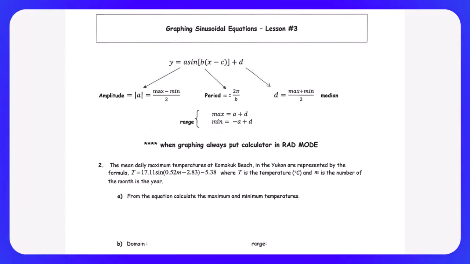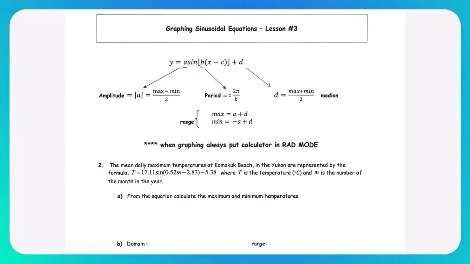If you've looked at lesson 2 already, you remember that we have a form of our sinusoidal function where each of the parameters A, B, we didn't talk too much about C, but that's okay, and D are representative of certain characteristics of a sinusoidal function. If we take the absolute value of A, that gives us the amplitude.